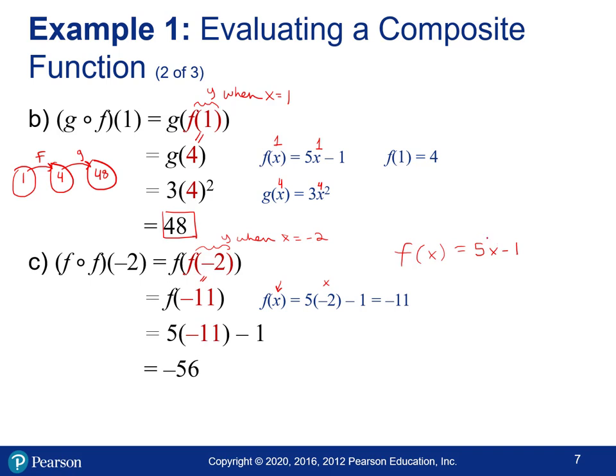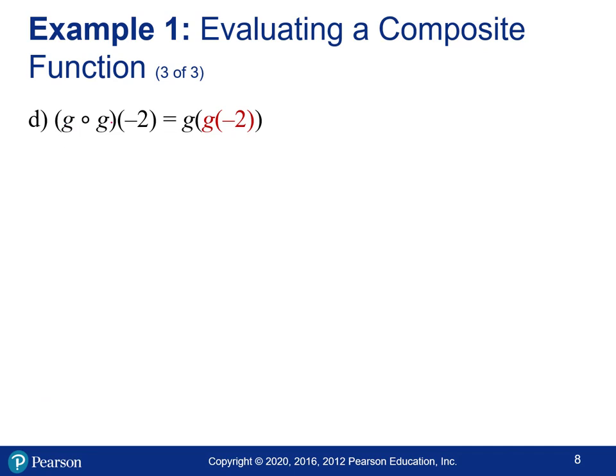The first time we plugged in negative 2, we got out negative 11, and then the second time we plugged negative 11 back into that function, and we got out negative 56. So that one is just f getting plugged into itself. Negative 2 got plugged into function f, the output was negative 11, and then that output got plugged into the function f again and gave us negative 56 as a final answer.